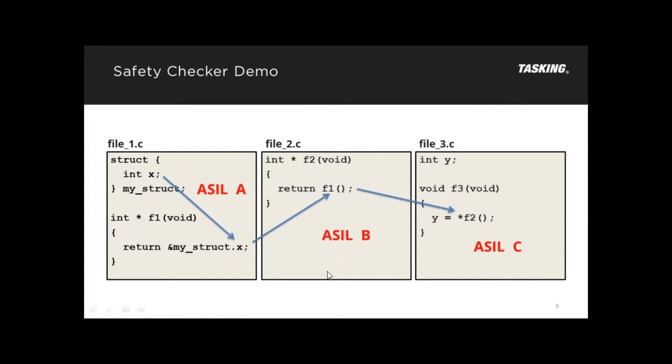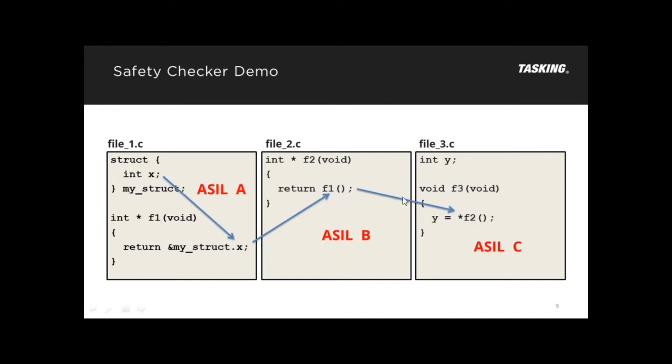For the second component, I want it to be an ASIL B software component. Inside it, I developed 1 function, and inside this function, I called function number 1. For the third component, I assigned ASIL C as the safety level, and I defined function 3 inside it, and I called function 2 from it.